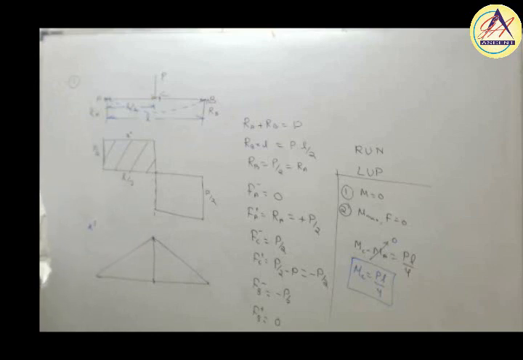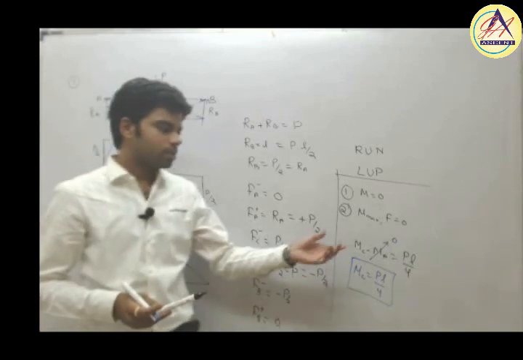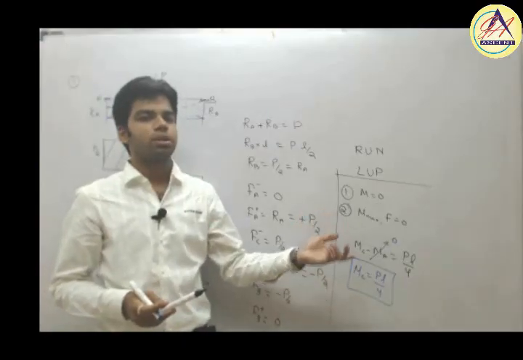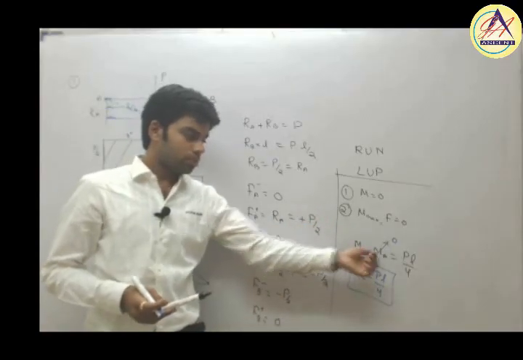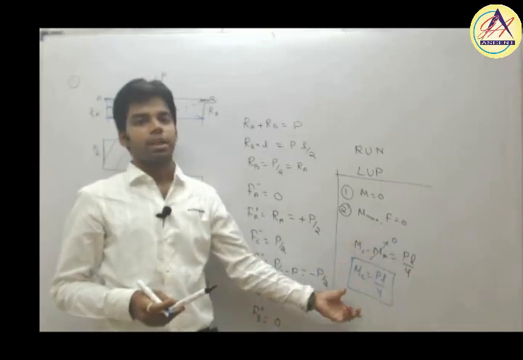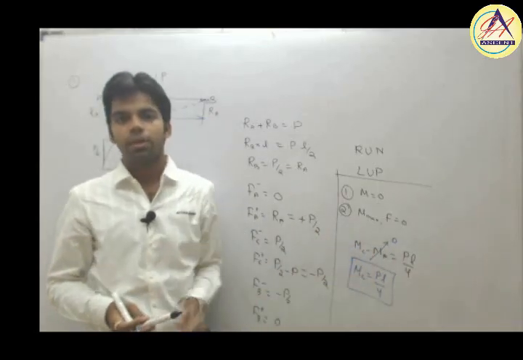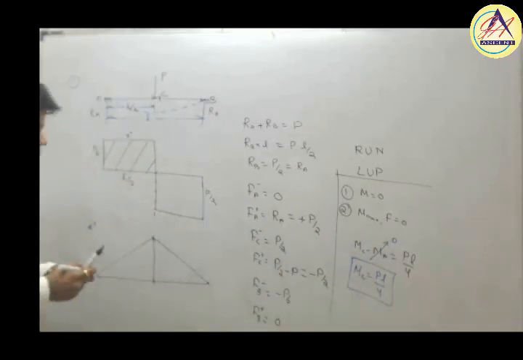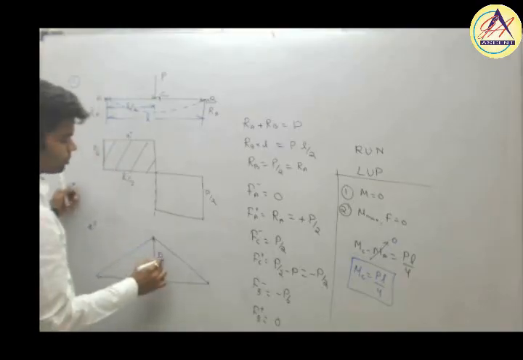Whatever change we are getting is nothing but the moment at point C. In this theorem, obviously we can apply at those 2 points where the moment at at least one point is known. Here we know that moment at point A is 0, so we can directly apply this formula and get the value of MC. So the moment at point C is nothing but PL by 4.